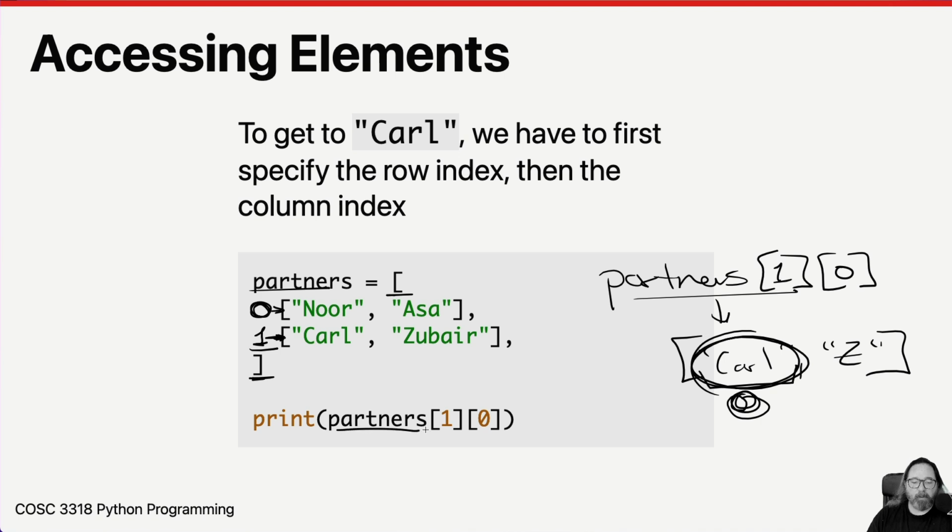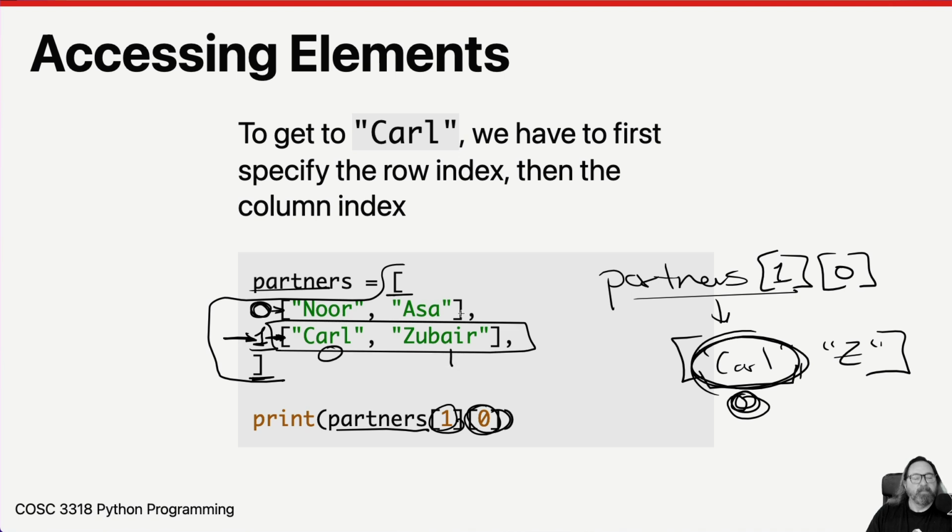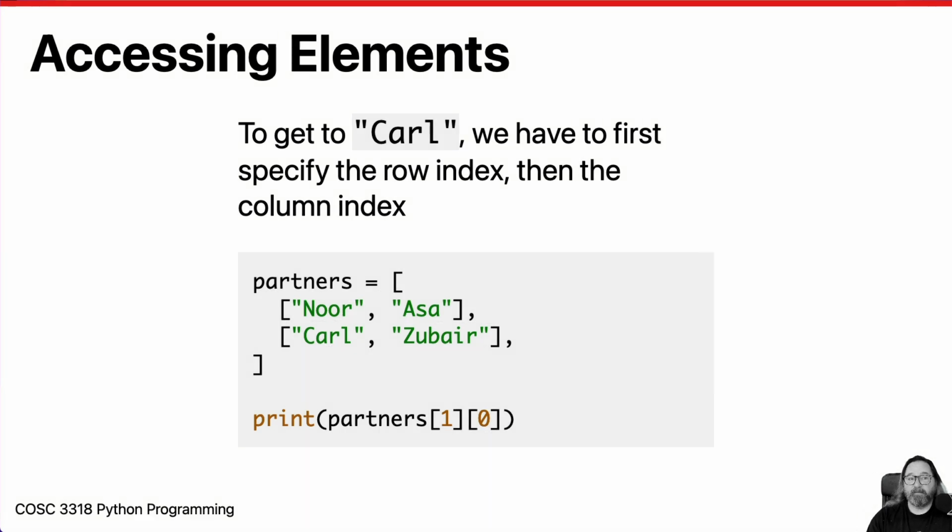So that's what I've got here. Partners 1, which gets me the second list inside this list of lists, and then the 0th element of the list I'm actually looking at right here, 0, 1. This, again, might take a minute for you to figure out. The next example might be even more clarifying for you.